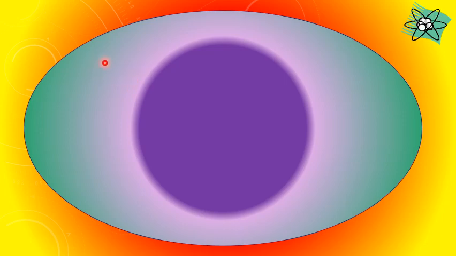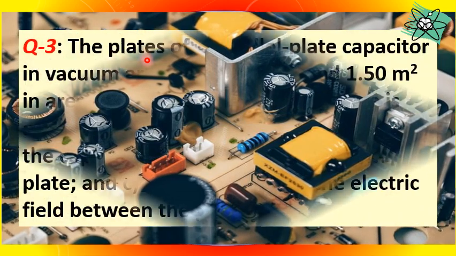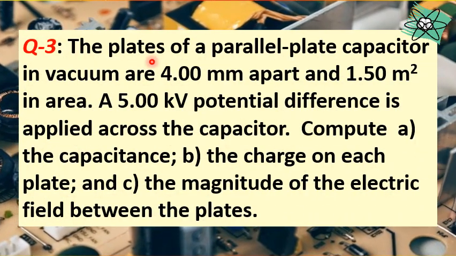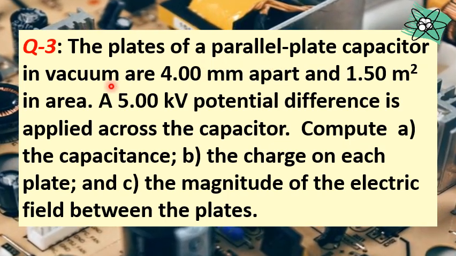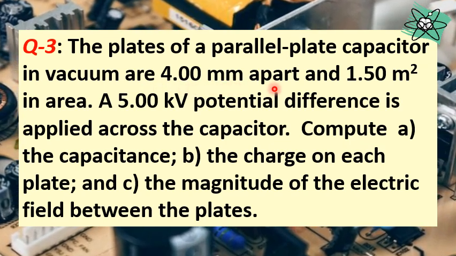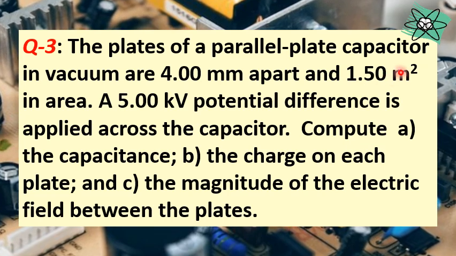We now have question number 3, which is a problem-solving question. The plates of a parallel plate capacitor in vacuum are 4.00 millimeters apart and 1.50 meters squared in area.